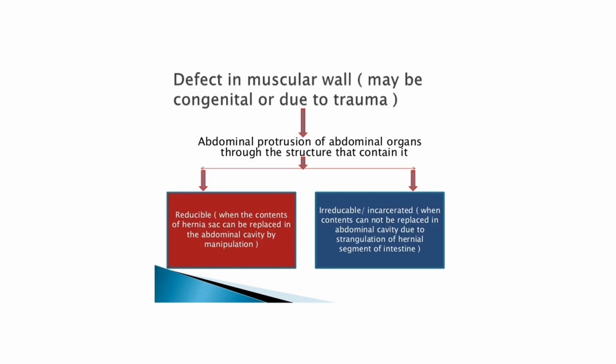The defect in the muscular wall is again divided into two types. First is reducible and second is irreducible. What does reducible mean? Reducible means the internal content can go back to its place through manipulation. While irreducible means the protruded abdominal content cannot go back to its place through manipulation.